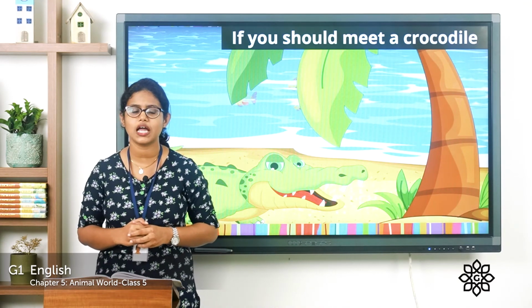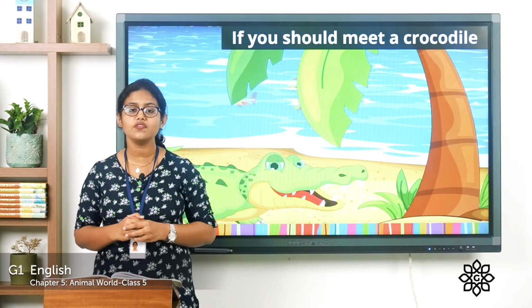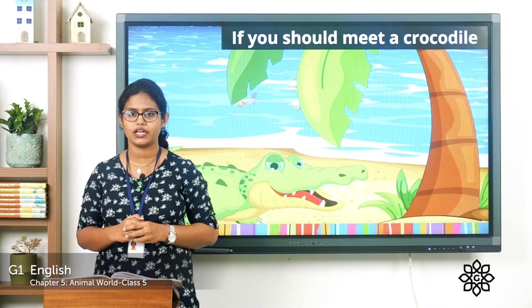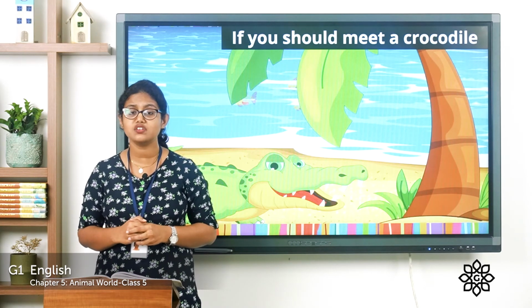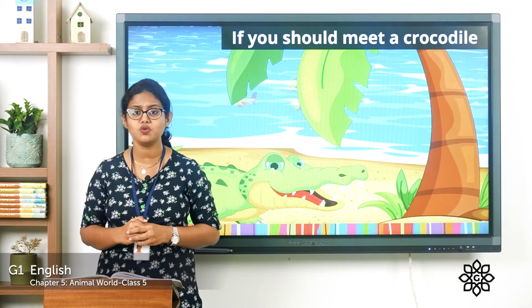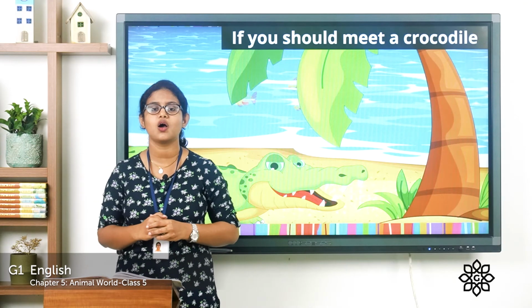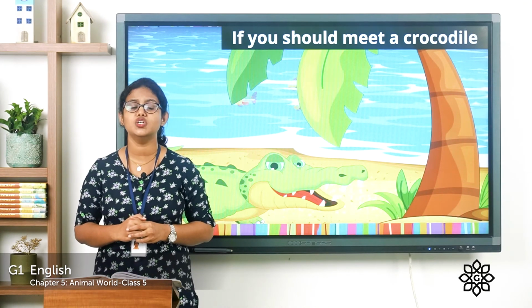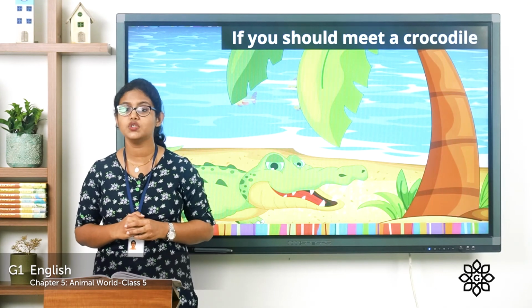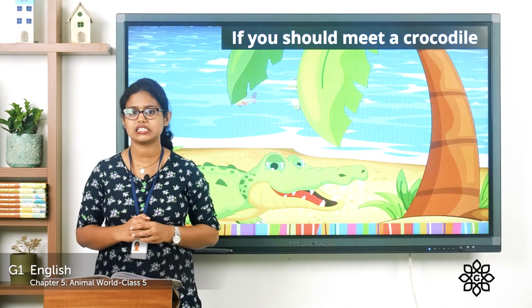So this is about the poem, If You Should Meet a Crocodile. And what does this poem say? It is a very funny, interesting poem that tells about the do's and don'ts when you meet a crocodile. You should be very careful not to stroke him, and you should not poke him with a stick.